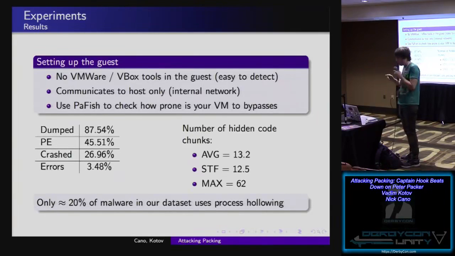And then our virtual machines communicate only to the host, so it's an internal network. And before actually running the large-scale experiments, we used Paranoid Fish to check how prone our machines were to bypasses. Now, the important thing here is that Paranoid Fish is a pretty good testing tool for your VMs, and it's really hard to satisfy all of the checks that it does.